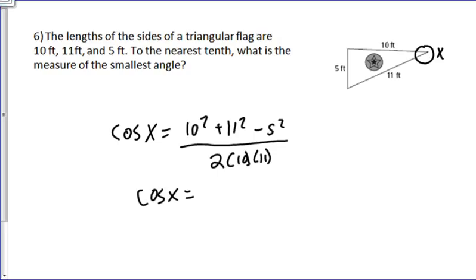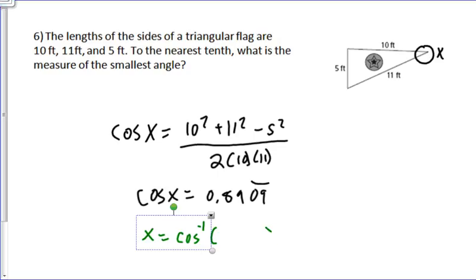I end up getting about 0.8909, and the 09 is repeating. So I take the inverse cosine of both sides, so x would be equal to the inverse cosine of that. And in my calculator, the inverse cosine of that gets me 27 degrees. So the smallest angle is 27 degrees according to this.